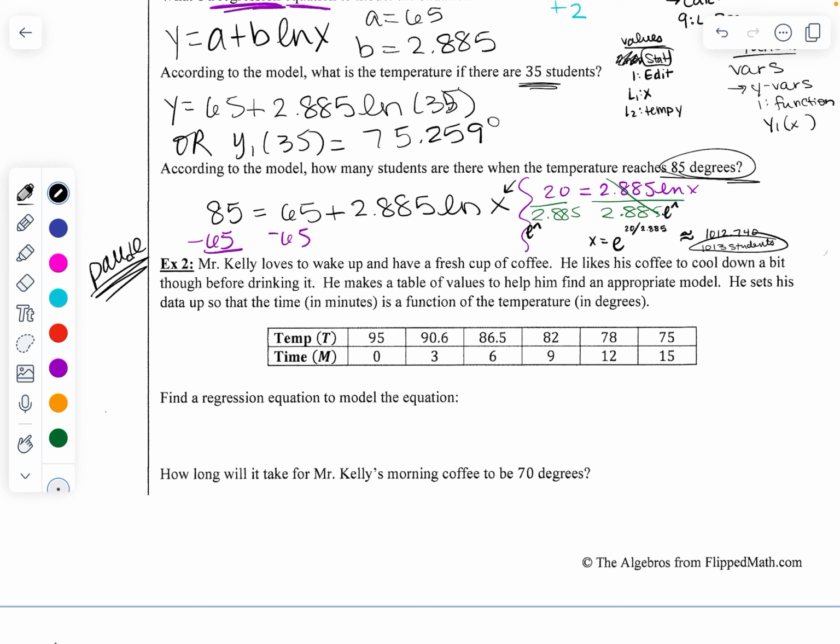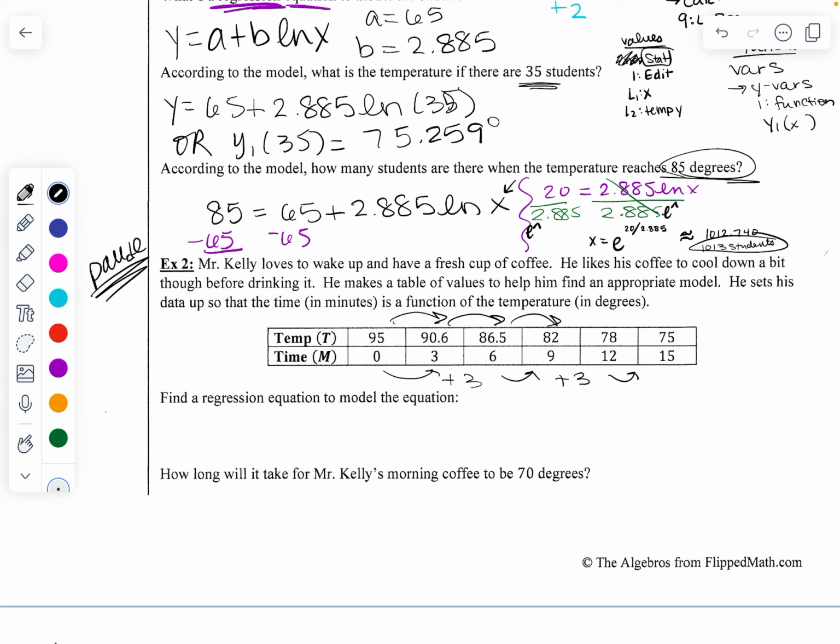So looking at this data, the temperature of his coffee is varying, and it's changing every time here, okay? So let's see what our logarithmic regression is. So again, we're going to let the calculator do the work.